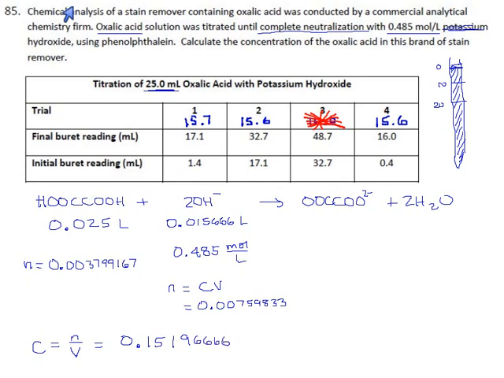And now that we're at the end, how are we doing for sig digs? 3, 3, 3. Should be 3 sig digs, so 0.152 moles per liter.